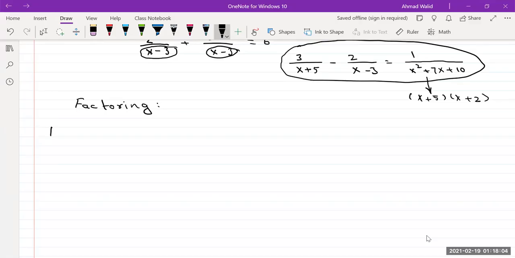The first type of factoring, we call it the GCF factoring.